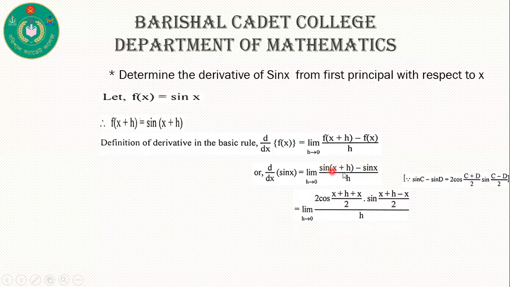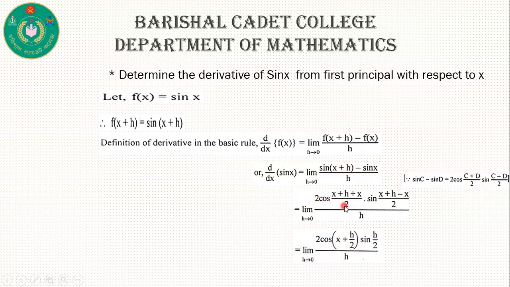C means x plus h and D means x. So we can write 2 cos (x plus h plus x) by 2 sin (C minus D) by 2. Here C means x plus h, x plus h minus D, where D means x, by 2. Now x cancels and x plus x is equal to 2x.